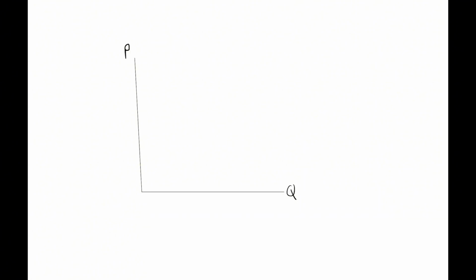Okay, let's draw a downward sloping demand curve and an upward sloping supply curve. Now, where they meet, this point here, this is known as the equilibrium point.